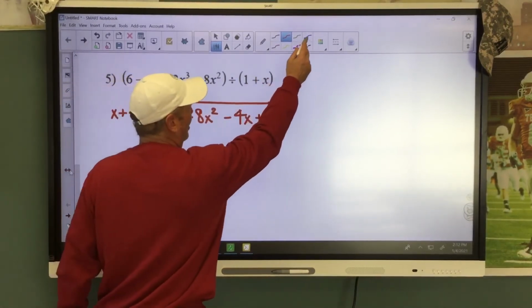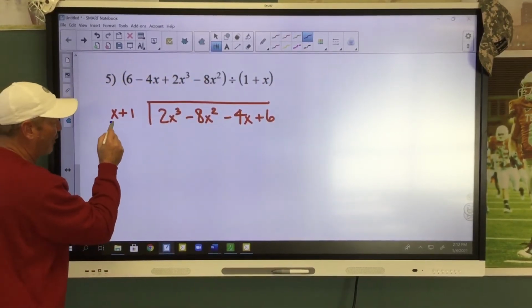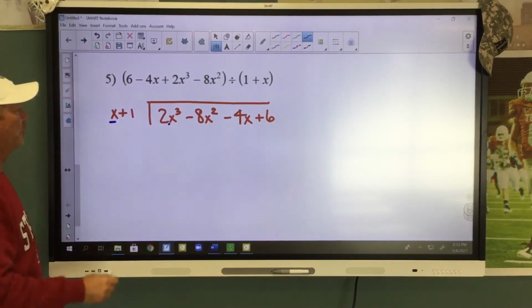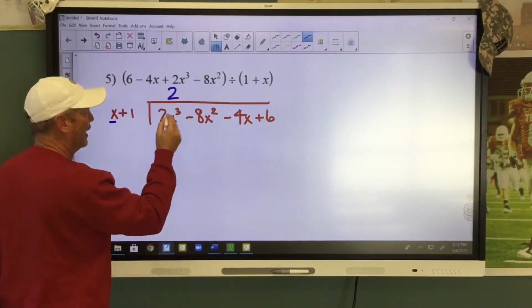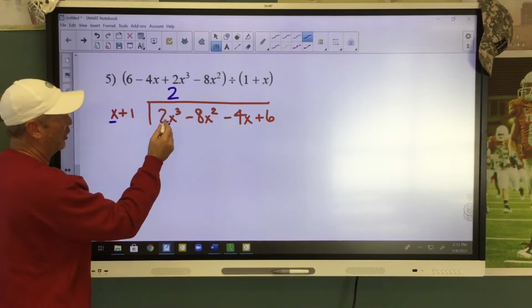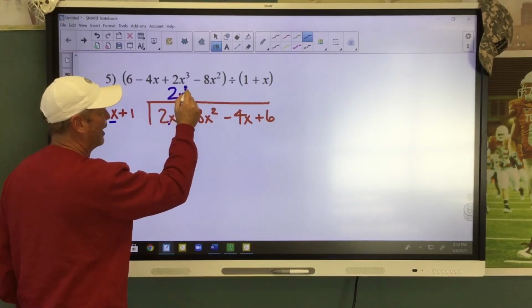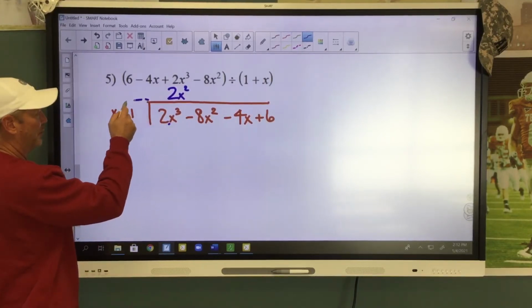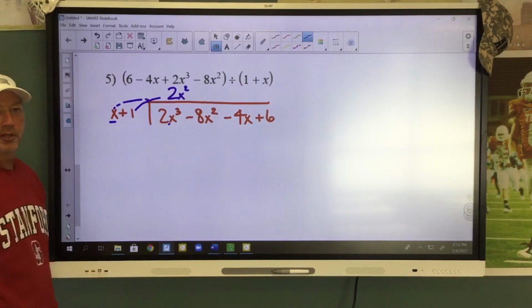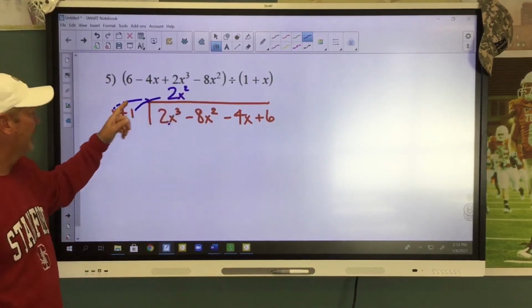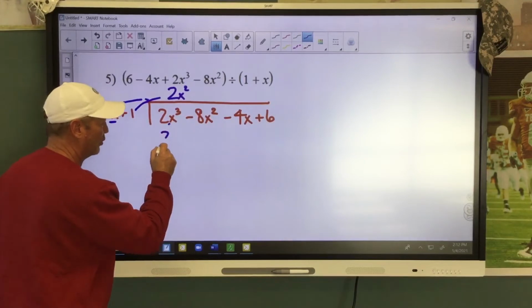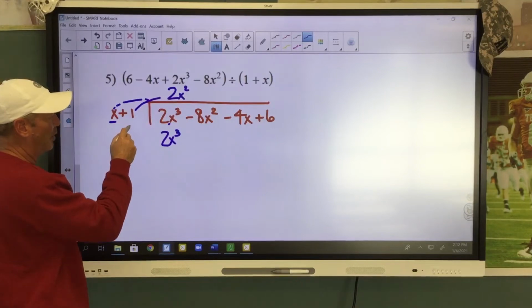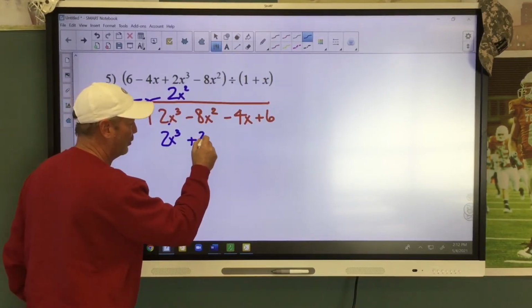My goal is to make this first guy match that guy right there. I need to make it match. So I'm going to multiply times 2, and I need to go from x to x to the third, so I need an x squared. Remember now, we're going to distribute backwards. 2x squared times x, 2x to the third. 2x squared times 1 is a positive 2x squared.